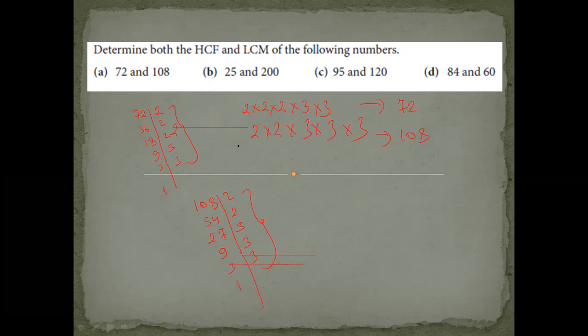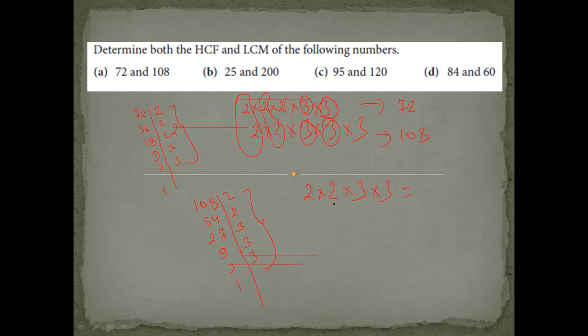And what was the HCF of prime factors? We should take the common factors, the same values in both of them. 2 is here, also here. We have 2, and 2 times 2, one of them is right in here. But 3, here we have 3 and 3, and here also 3 and 3, so you can write 3 and 3, and the others are left.